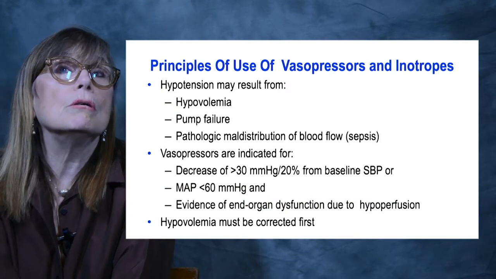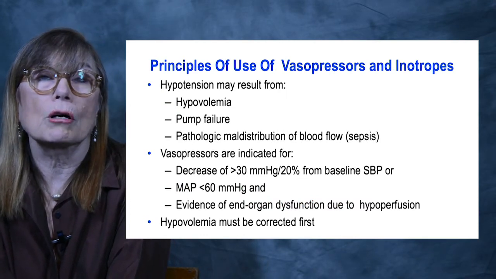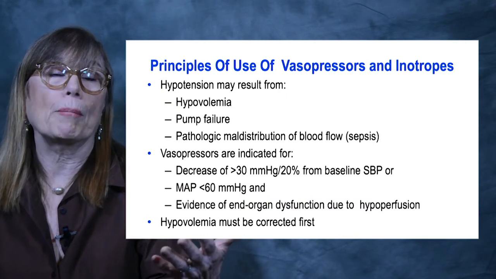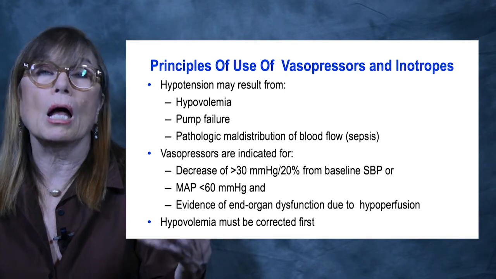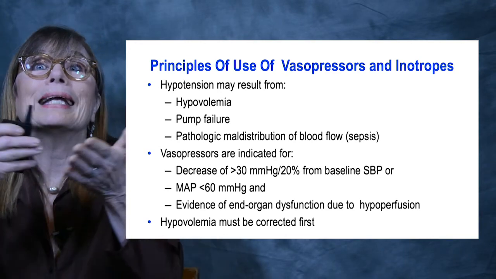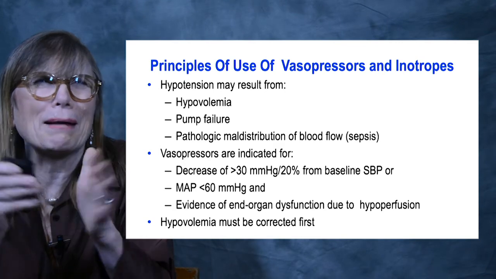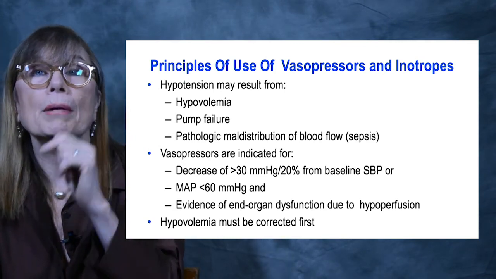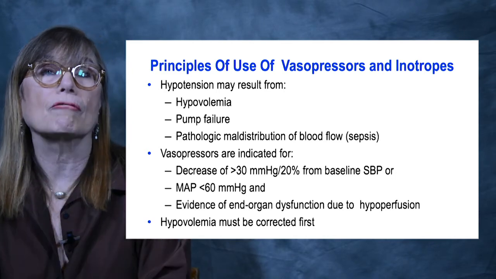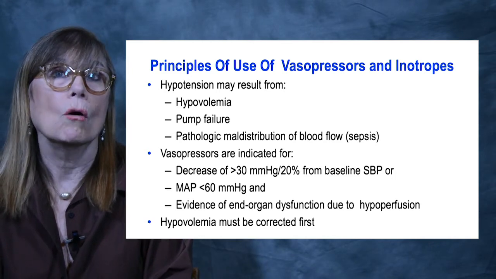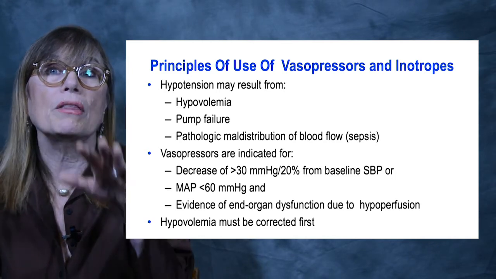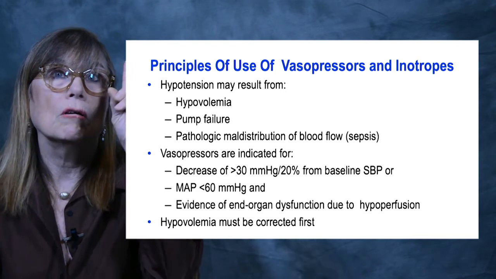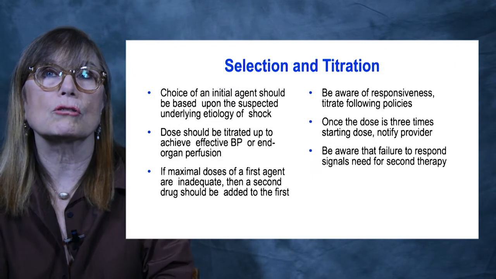The principal use of vasopressors and inotropes are really about pathologic maldistribution of blood, pump failure, and again, remember why we apply it. I think it's so important, I say it multiple times. 30 millimeters drop or 20% from baseline systolic blood pressure or a MAP less than 60 with evidence of end organ dysfunction. Volume first, vasopressors next.